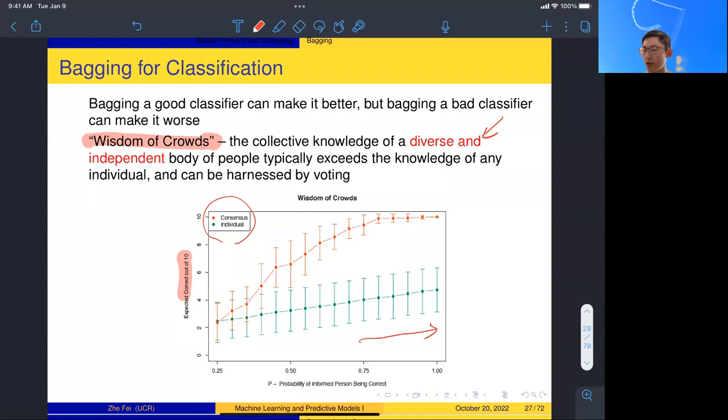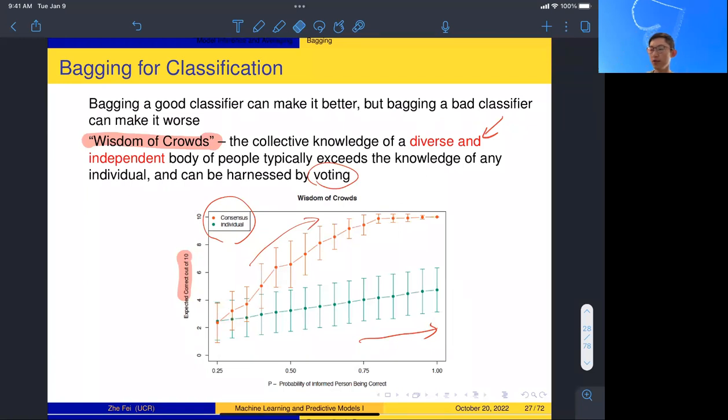But at the same time, if we take the bagging, or collect the results and use majority voting, get the consensus of, say, 100 individuals, then we see that the correctness would increase much faster using the bagging idea, or voting.